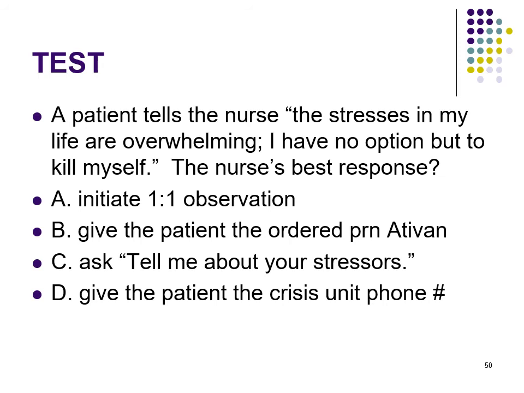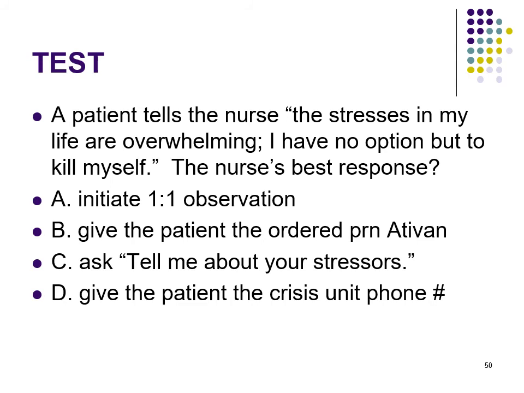Now, if you're inpatient, you might want to get them on a one-to-one, if after interviewing them, you do feel like they're a risk for attempting suicide on the unit. You definitely might want to give them the ordered PRN Ativan, which is a very common medication we give out on psychiatric units to help people stay calm.